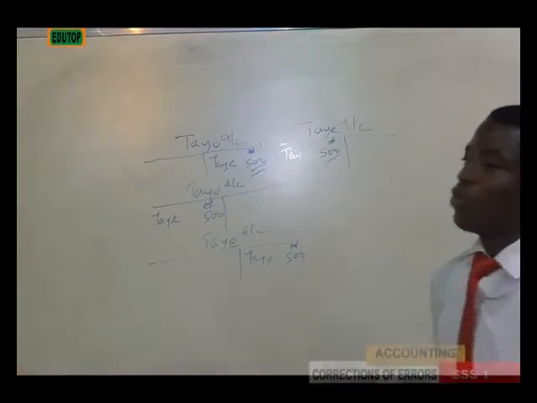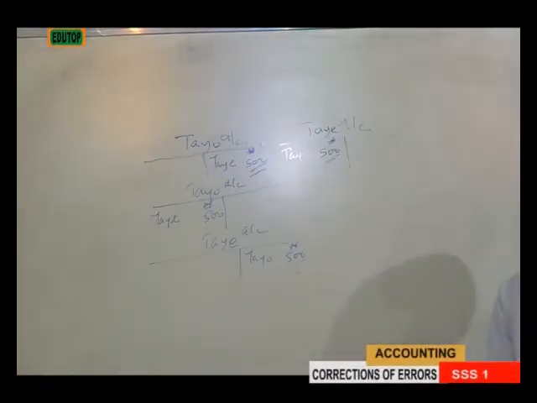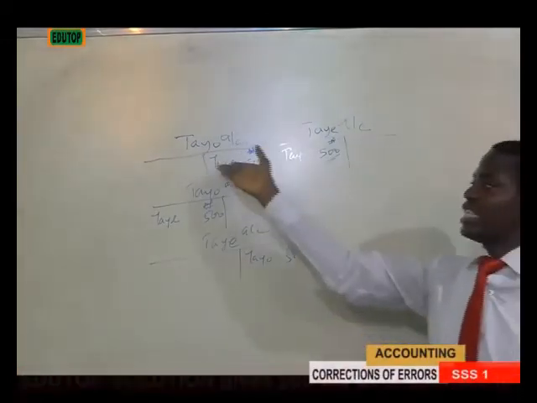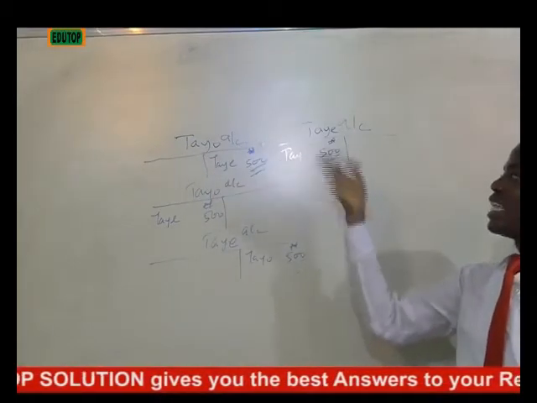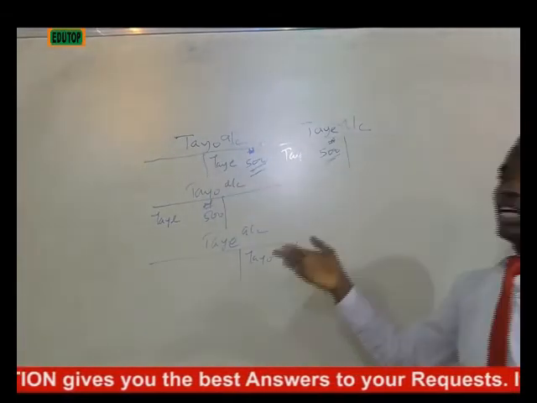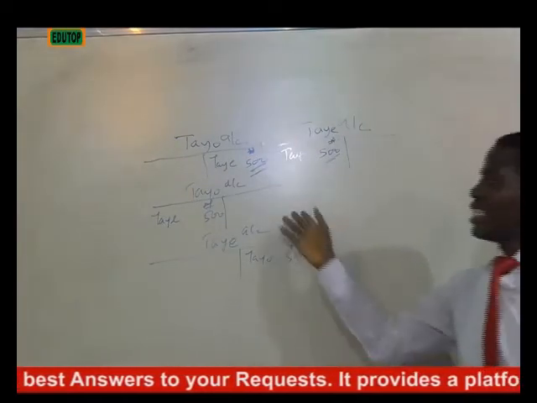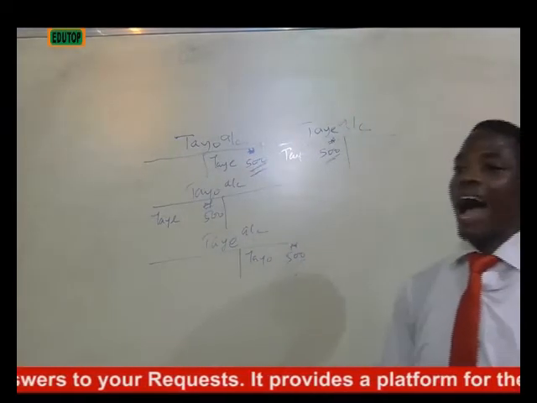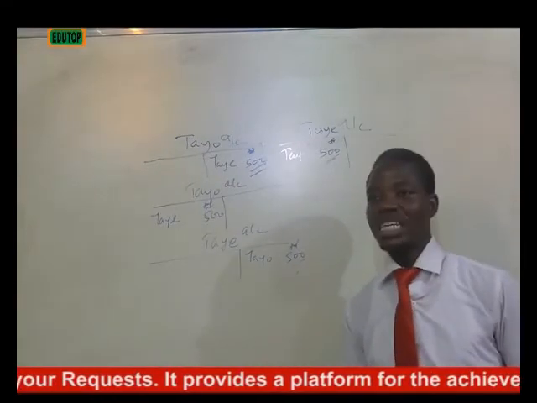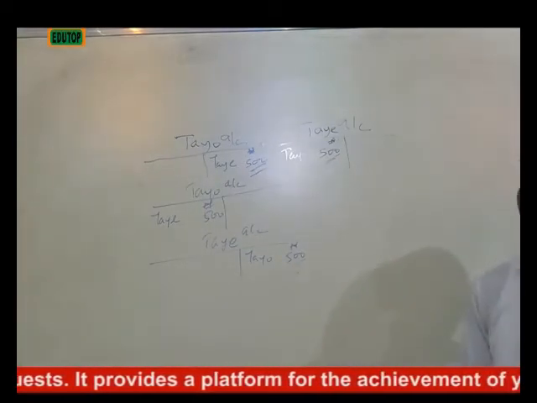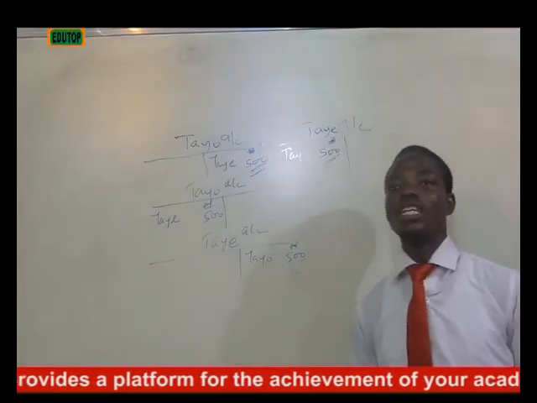This is how we effect the change. So it was a balancing error, and at the end of the day the error has been corrected. These errors do not affect the trial balance. We still get to errors that do affect the trial balance.